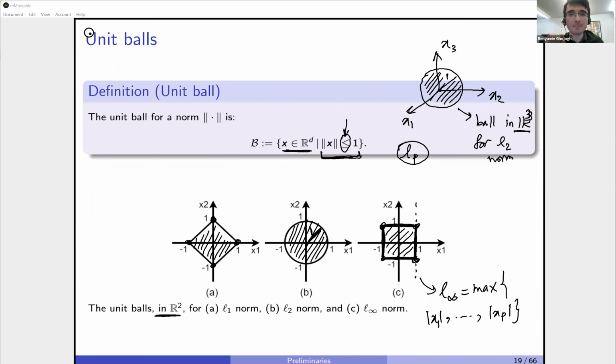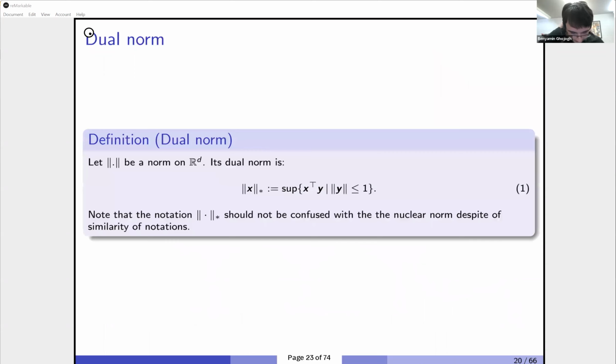Clear everything? Okay. We have a concept for dual norm. And dual norm is a mathematical definition. We usually denote dual norm with a star here. So this is the dual norm of x. And this supremum, do you remember?